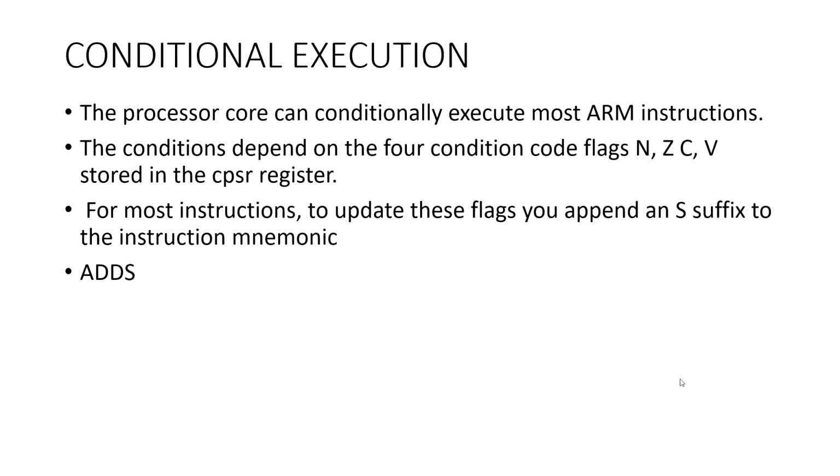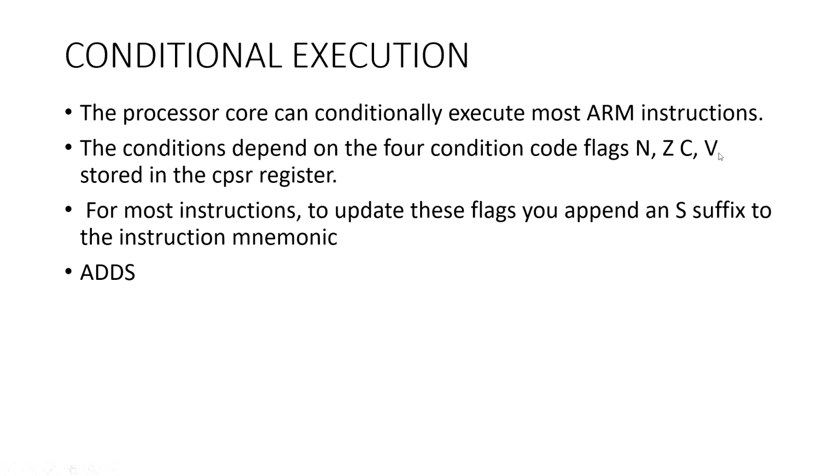The next part is conditional execution. As we know, it is done by the processor core, and it mainly depends on the four conditional flags: N, Z, C, V, that is negative flag, zero flag, carry flag, and overflow flag.